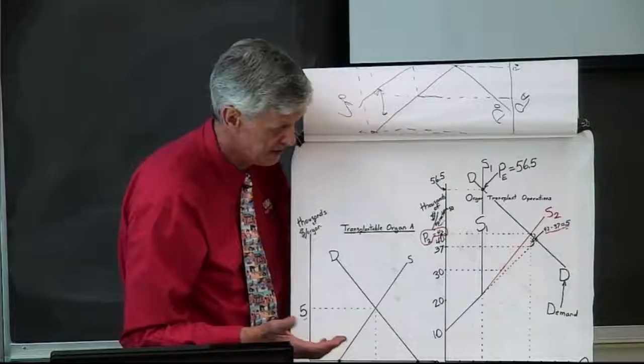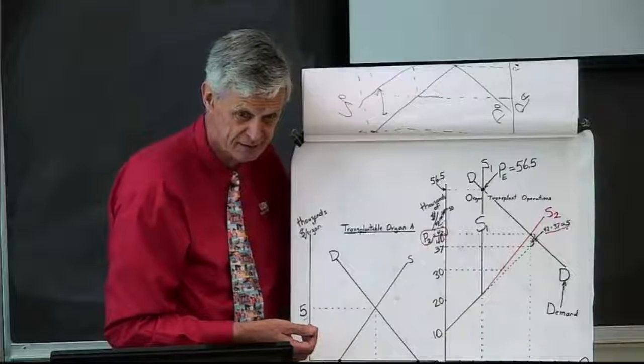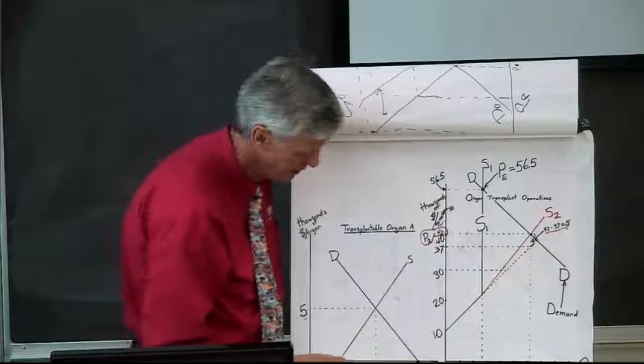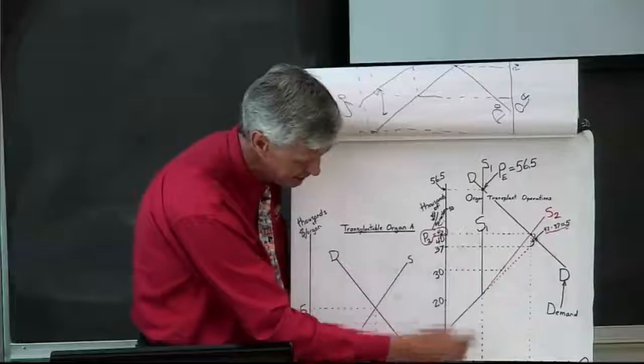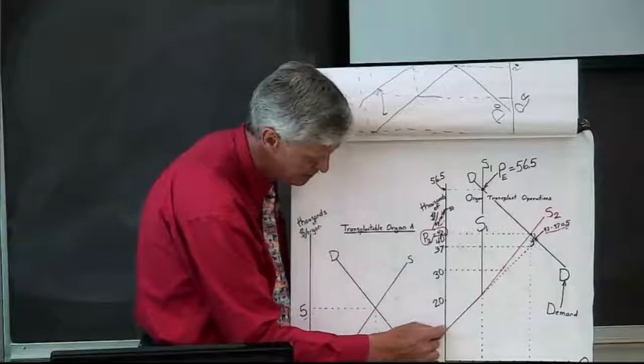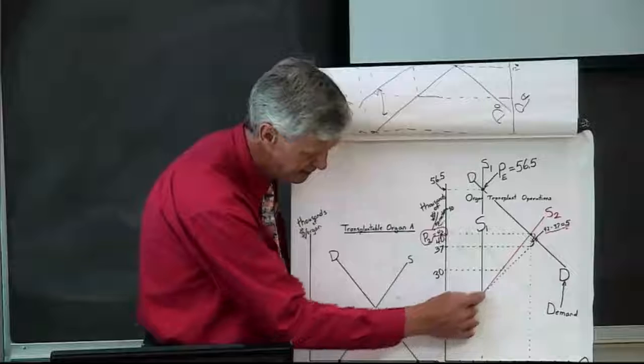Or if it's a kidney, then get them out of dialysis, for example, so that they're a little bit more independent, among other benefits. We see in the right-hand graph, this 27 carries over to here. Based on the cost of these operations, up to 27, the supply is going to reflect that.